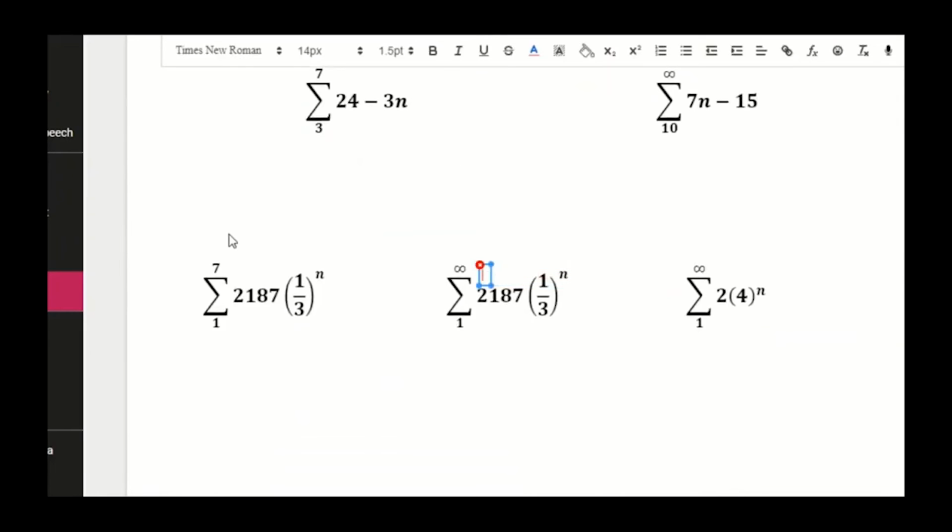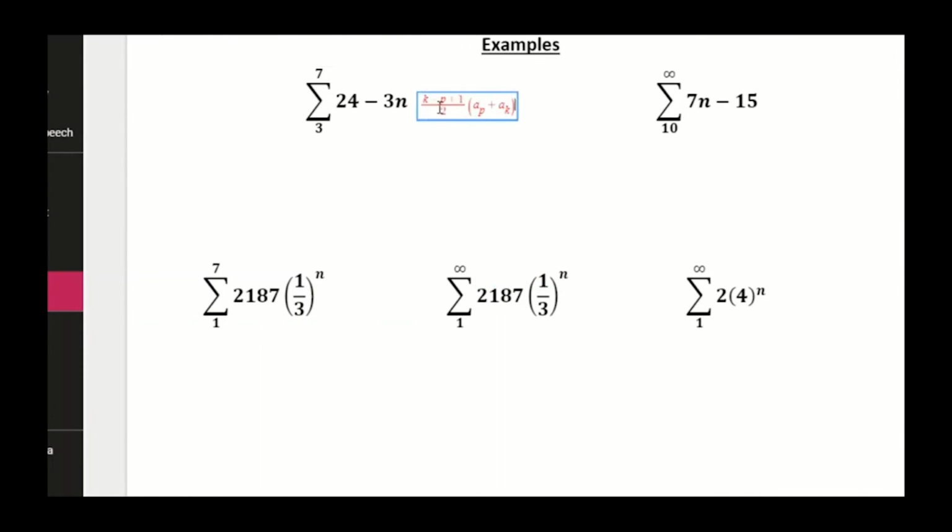Okay, so for this first one, we'll have k minus p plus 1, so that's 7 minus 3 plus 1. 7 minus 3 is 4, plus 1 is 5, so we got 2.5 pairs. And then if I plug in 7, 24 minus 21 is 3. And if I plug in 3, I get 24 minus 9, which is 15.